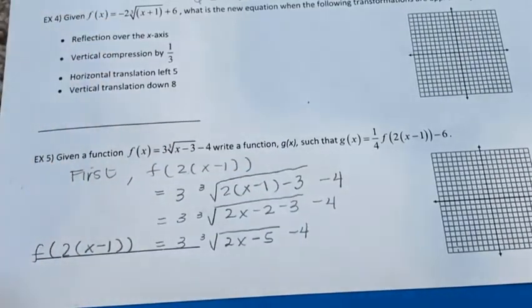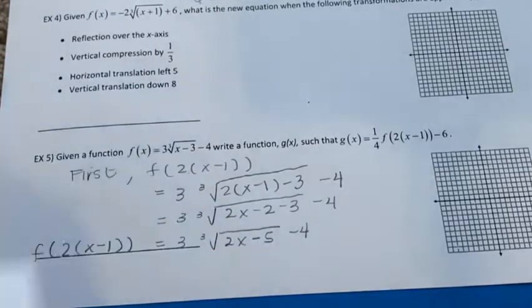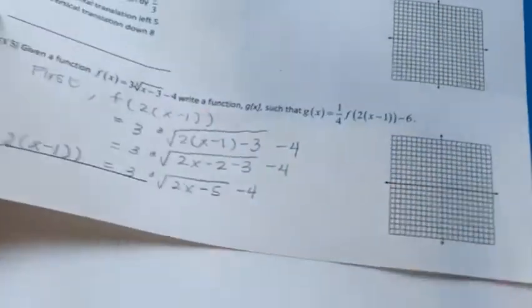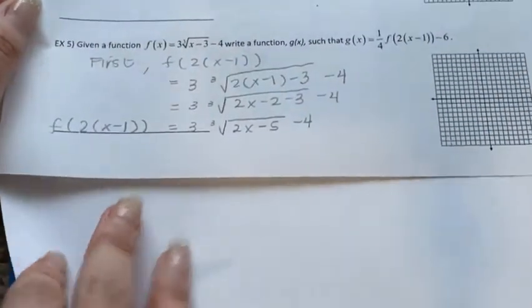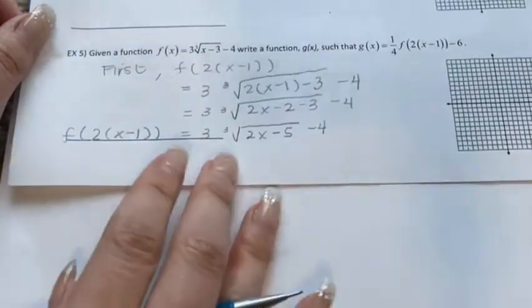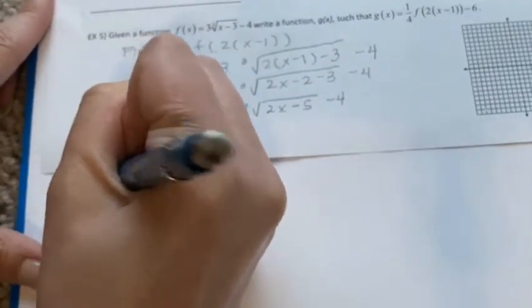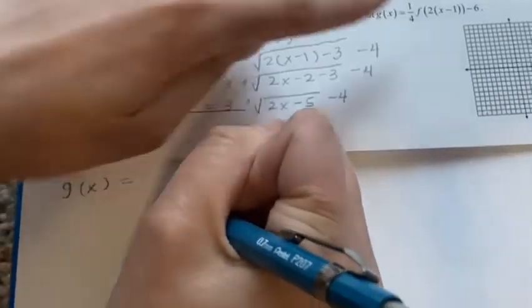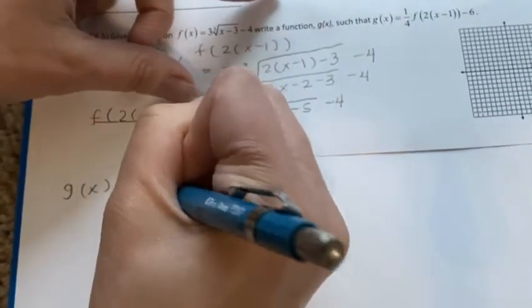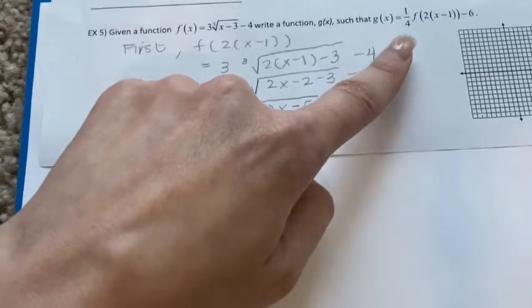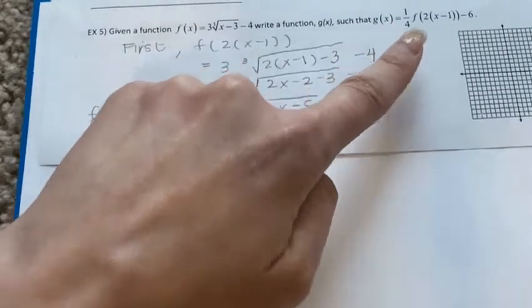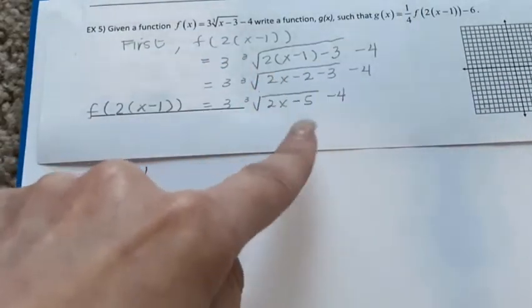Now since I've run out of space, let me strategically put my piece of paper here underneath. But I don't want that, I want my g of x. So what are you going to do? You have that g of x is equal to 1/4, and instead of the f of 2 times x minus 1, you're going to plug all of this.